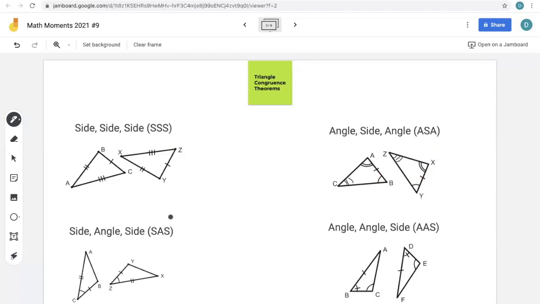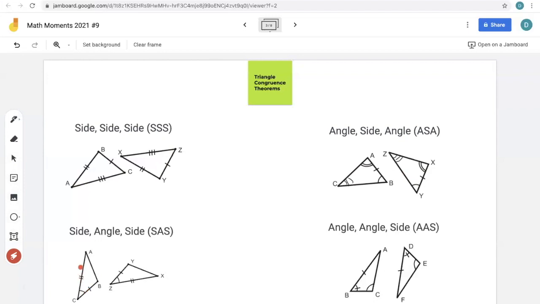Let's look at a similar theorem, side, angle, side. Now, what this is going to do is it'll prove the same thing, just using two sides and an angle. And again, the angle is sandwiched by two sides.